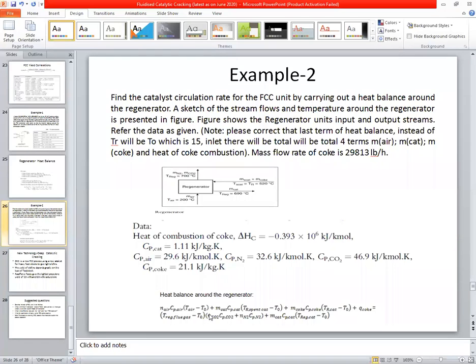Here again, this will be the mass flow rate of CO2, m N2 will be the mass flow rate of nitrogen, m cat is the mass flow rate. So everywhere you see mole and mass, you have to consider it as a rate, meaning divided by time.